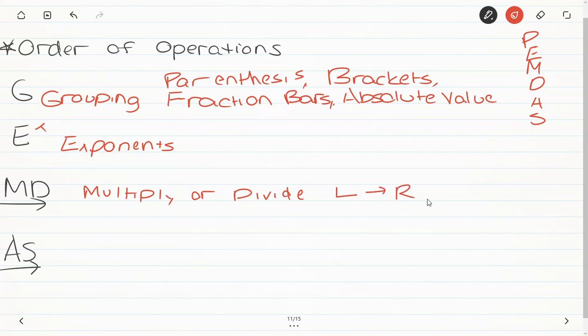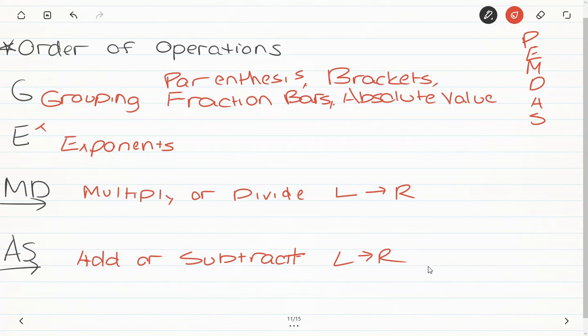So it's like you're reading a book. Whichever one comes first in line, you do that one first. They're buddies. Division is just the opposite of multiplication, so we have to do it all in the same line. And then we do the same thing with addition, subtraction. We're going to add or subtract, whichever one comes first, from left to right.